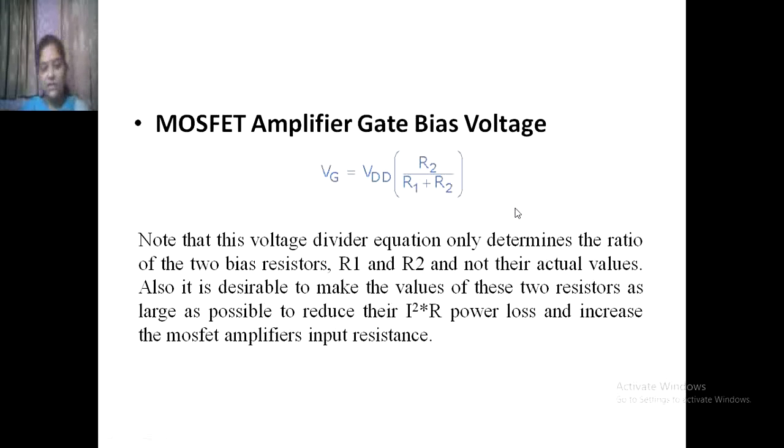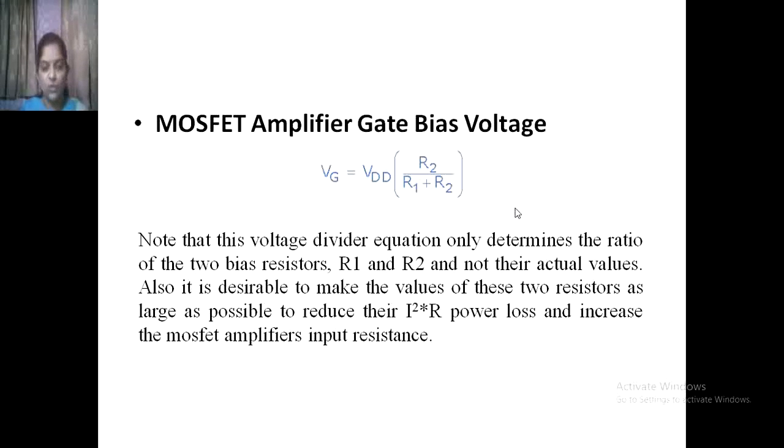Note that this voltage divider equation only determines the ratio of the two bias resistors R1 and R2, and not their actual values. It is desirable to make the values of these two resistors as large as possible to reduce their I squared R power loss and increase the MOSFET amplifier input resistance.